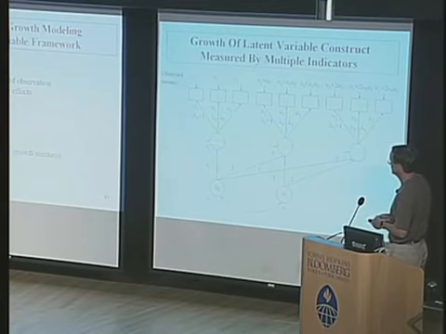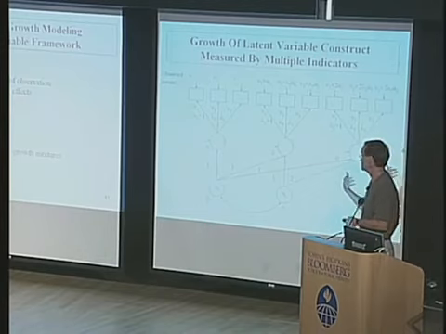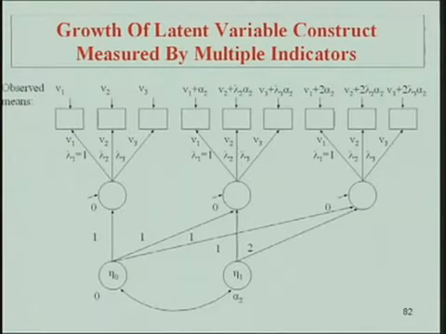The factor mean is fixed at 0 for the intercept factor, which corresponds to parameterization 2. And I said yesterday that for categorical outcomes and multiple indicator outcomes we use parameterization 2. Growth factor mean is 0. The intercept for the factor is 0. So the means for the observed variables will be just the intercepts of the measurement equation.